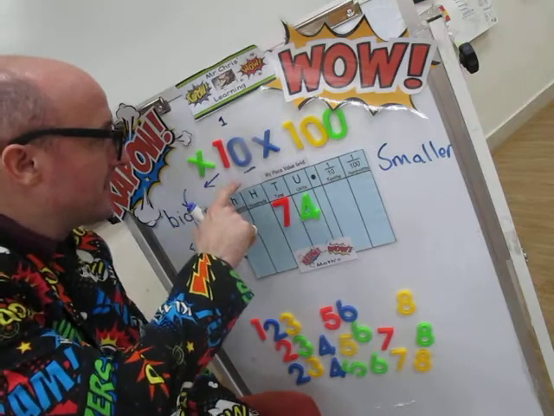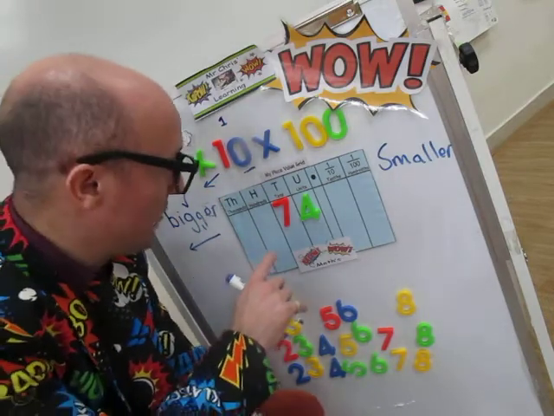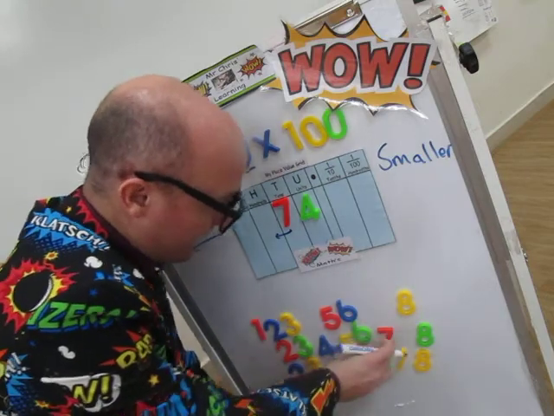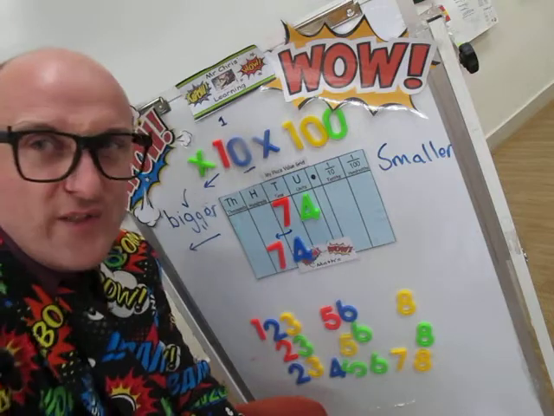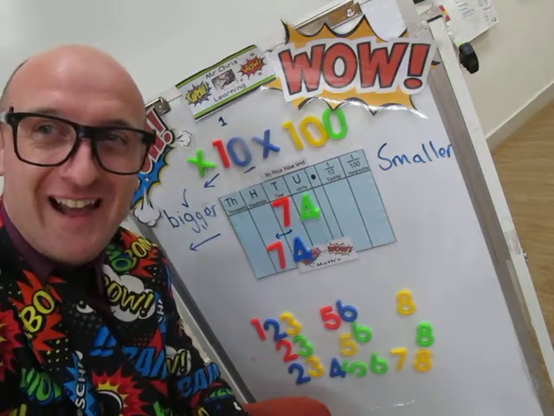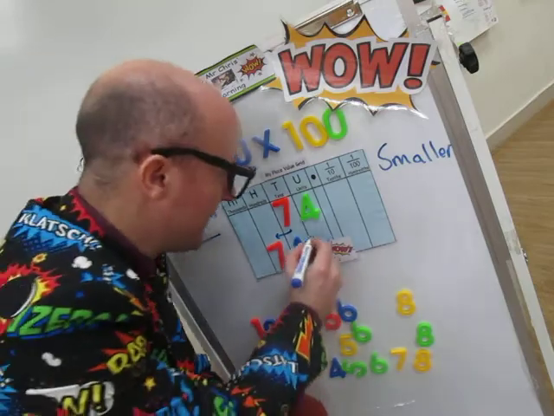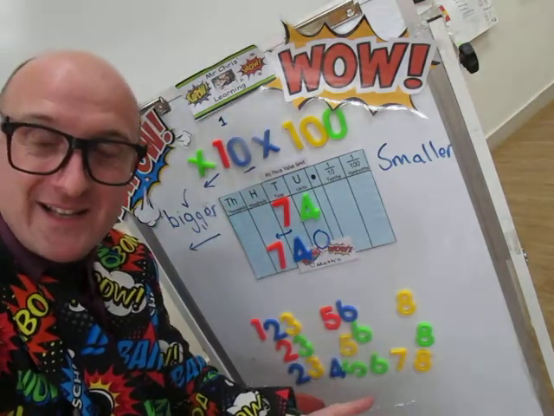So times by 10, we are moving to the left, so it's getting bigger. We put the 7 over here, we carry the 4 across, but we've got nothing there. What do we put in there? No, we don't do that. We put a 0 in. Okay, so it's 740. Easy peasy, lemon squeezy.